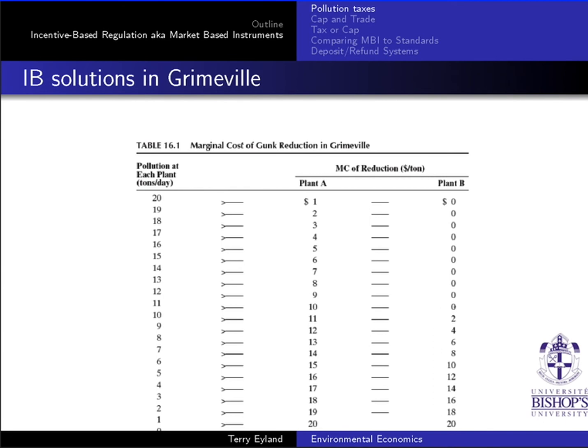So if we wanted to go from both producing 20 and drop it down to, let's say, 25 total, one of them is much cheaper to reduce, because for plant B, they can reduce the first 10 units at no cost. So this unit here could be reduced. So I have 1, 2, 3, 4, 5, 6, and so on.